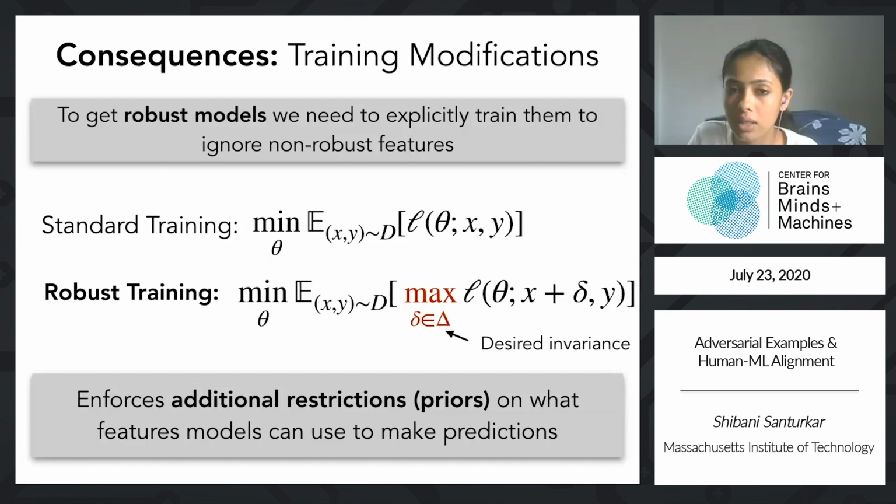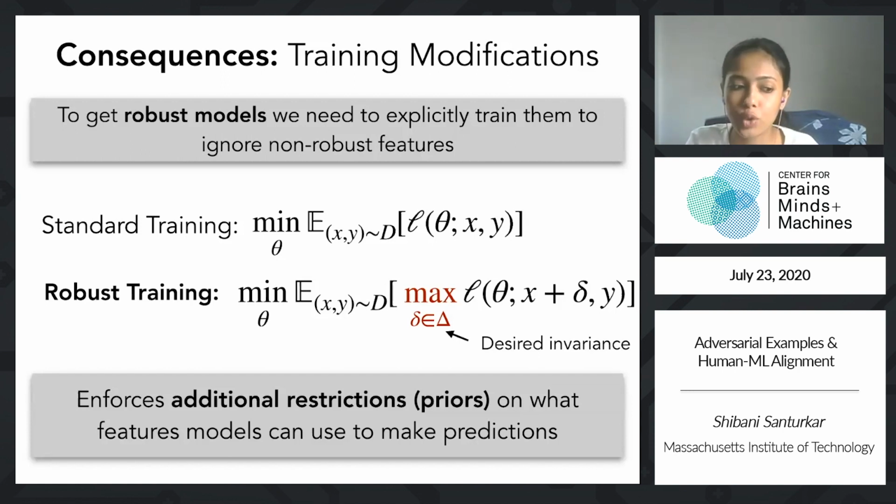I was just wondering, when you talk about robust training, this is not any different than, for example, using image augmentation, right? It's actually different. With data augmentation, you would randomly sample from this perturbation set and augment the data point with it.